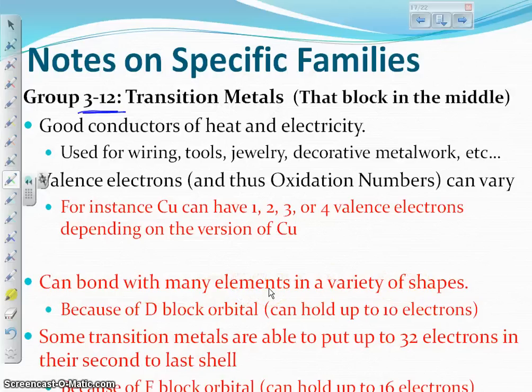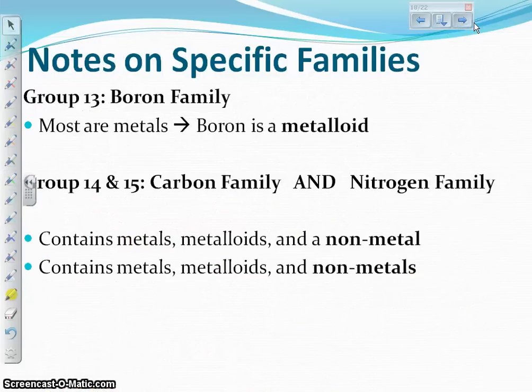Okay. Moving our way past the transition metals, we've got the boron family, and again, most of these are metals, except for boron itself, which is a metalloid. So it's the first time we see a metalloid. Groups 14 and 15, it's the carbon family on the left and the nitrogen family on the right.